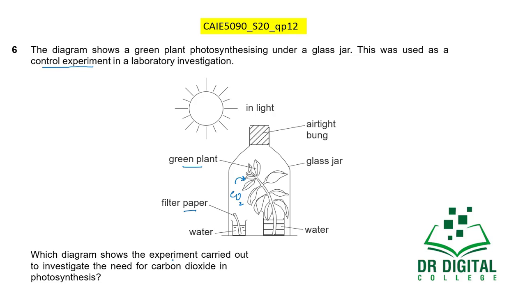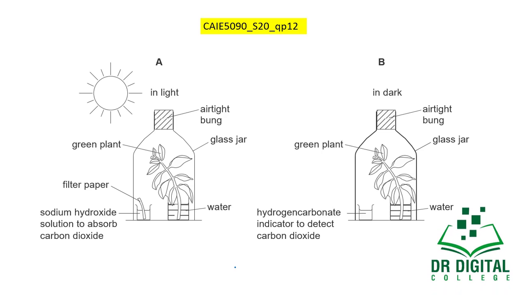Which diagram shows the experiment carried out to investigate the need for carbon dioxide in photosynthesis? So the experiment should be in such a way that, along with this control experiment, carbon dioxide will not be provided. So let's see, it is there in the next. In experiment A, this is filter paper and sodium hydroxide solution to absorb carbon dioxide.